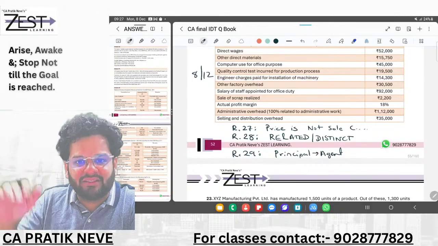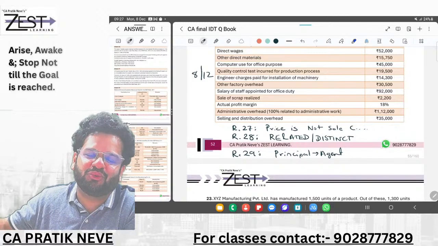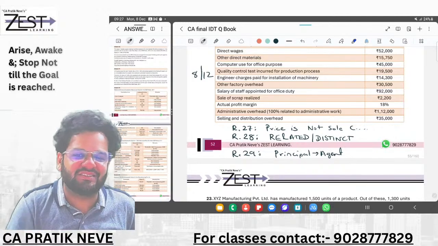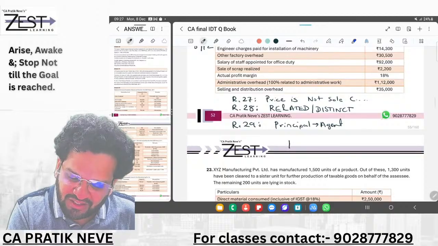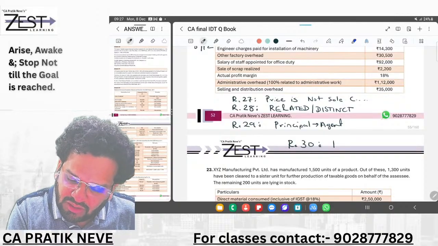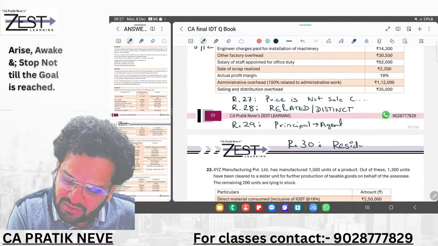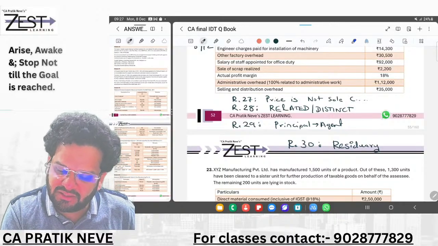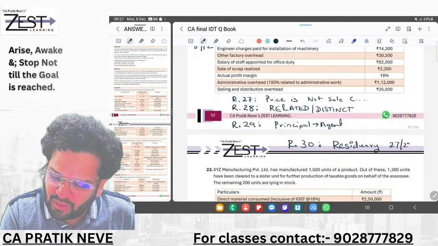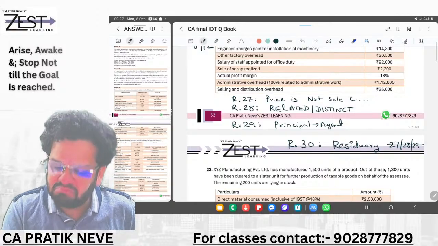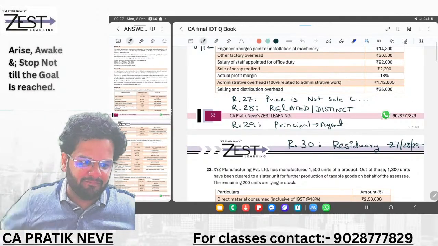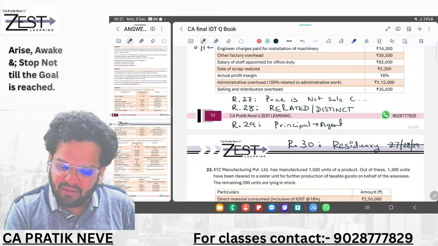If 28 fails, it sends you again to 30. If 29 fails, it again sends you to 30. So in short, rule 30 is residuary. Residuary means if 27, 28, 29 provisions couldn't be applied, then you go ahead and apply 30.